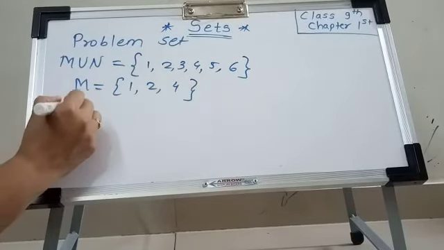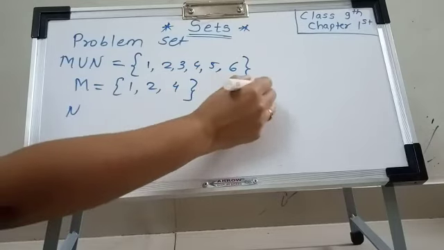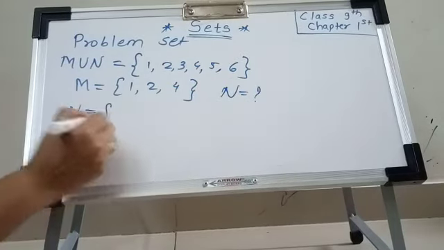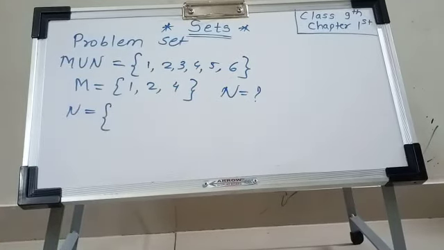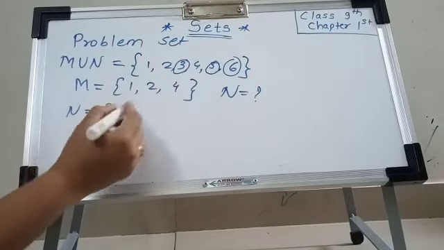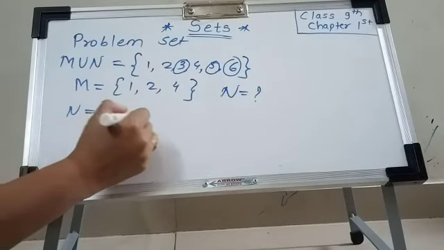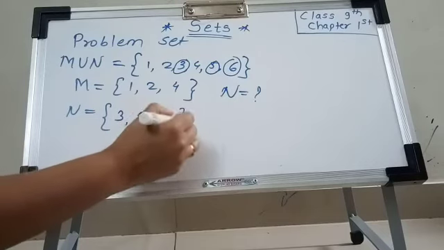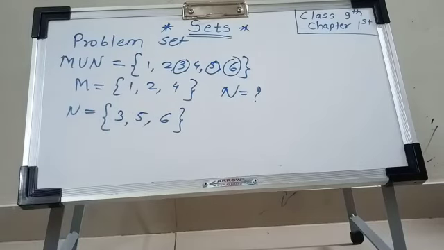We find set N. Union means all elements from set M and N. Here in set M the elements are 1, 2, 4. The remaining elements are 3, 5 and 6. So our set N is 3, 5, 6.